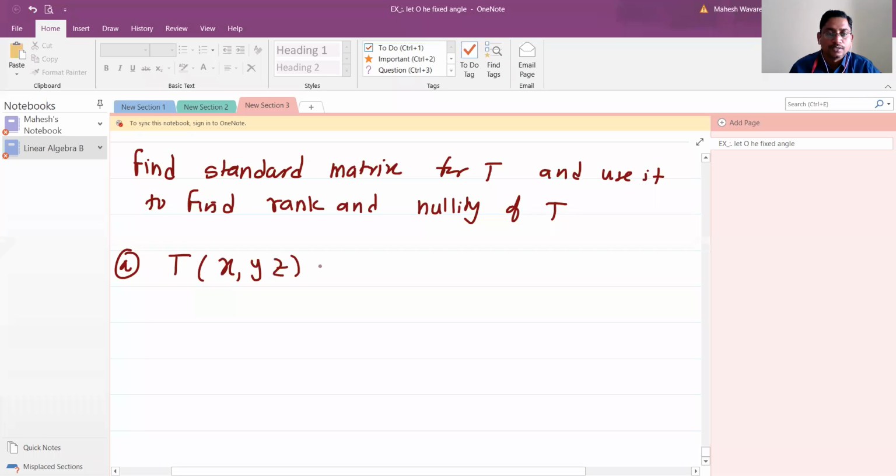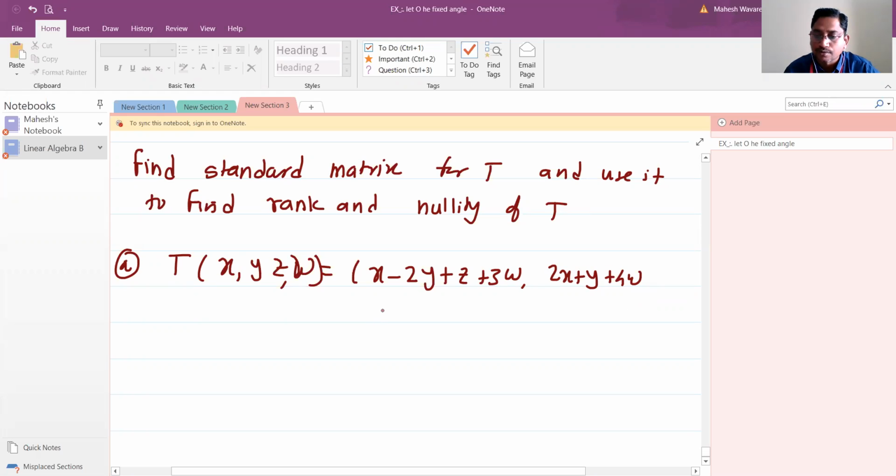So definitely the domain is R3. Okay, it's R4. T of X, Y, Z, W, and the image is X minus 2Y plus Z plus 3W. Next, 2X plus Y plus 4W.